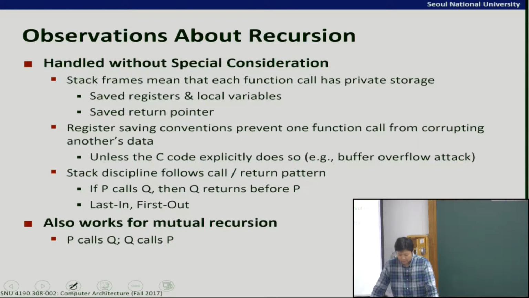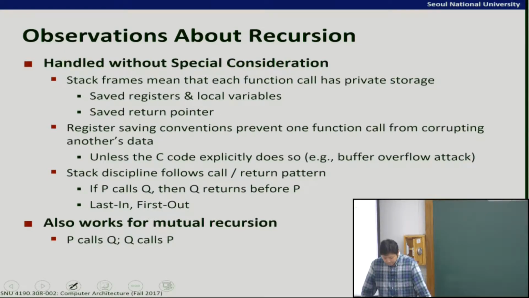So that's an example of how malicious code can exploit this stack structure to redirect the program to any random location in the system, right? That's a very popular method of security attacks, I mean, how to compromise your system.